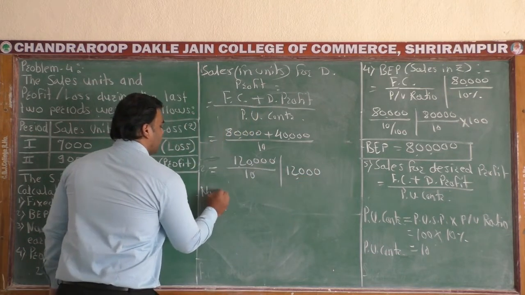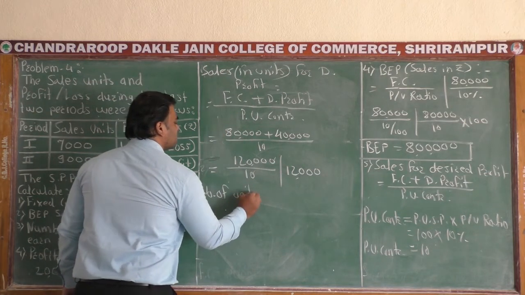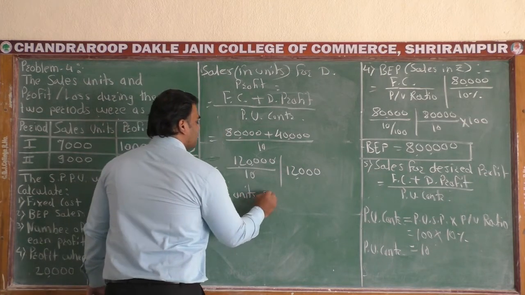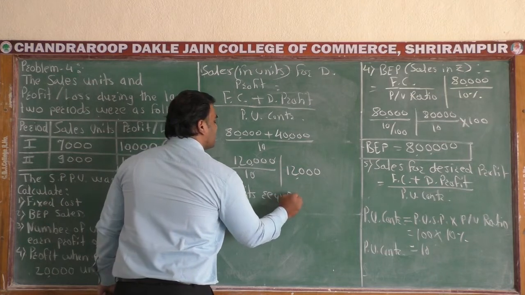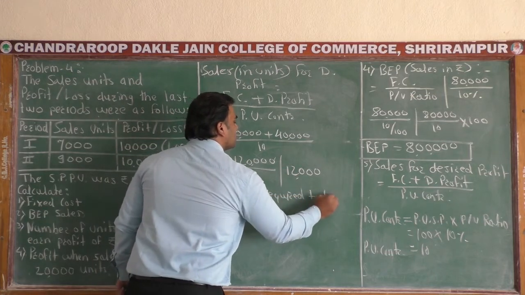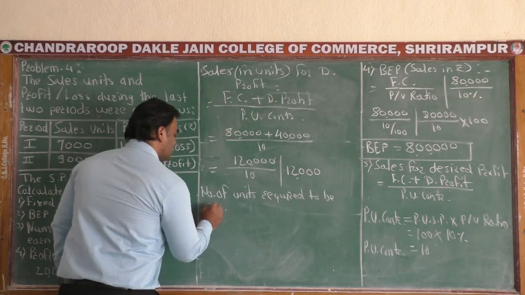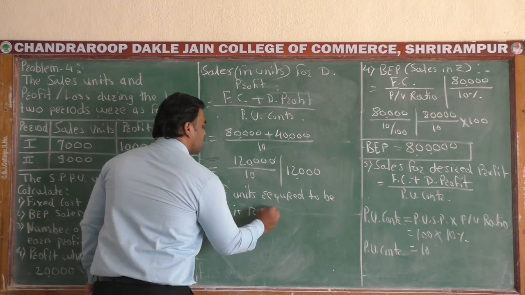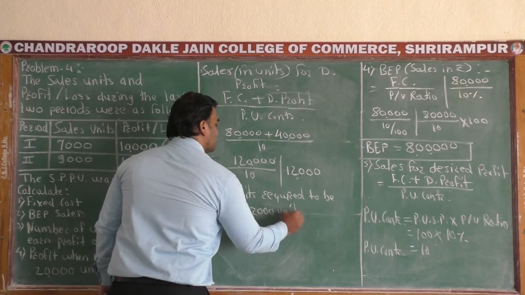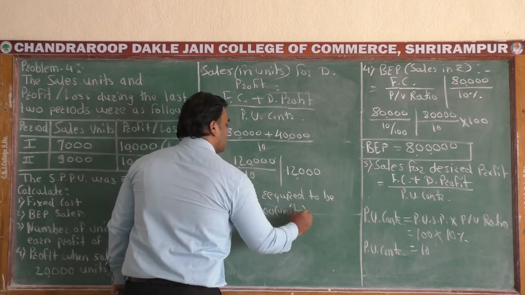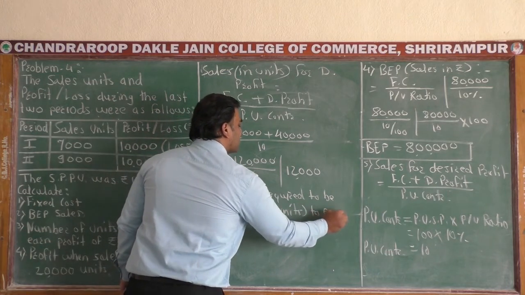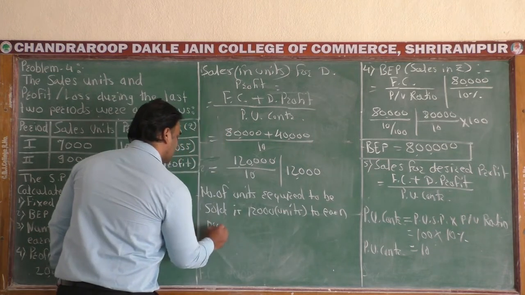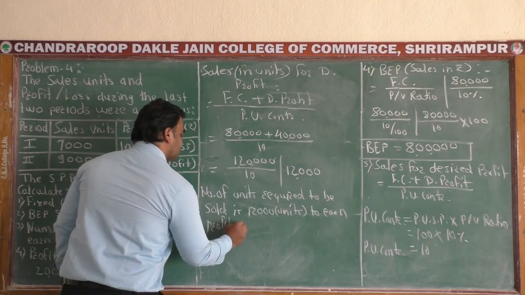So the number of units required to be sold is 12,000 units to earn profit rupees 40,000.